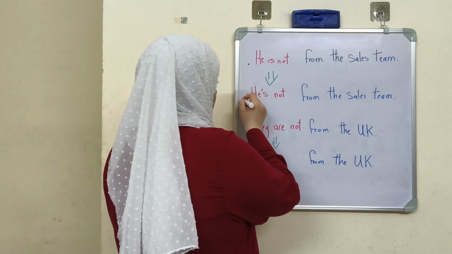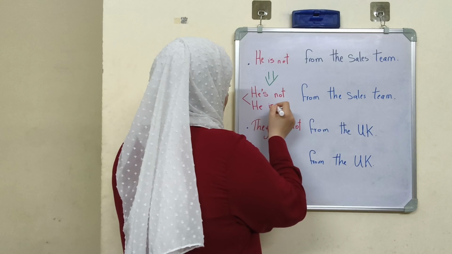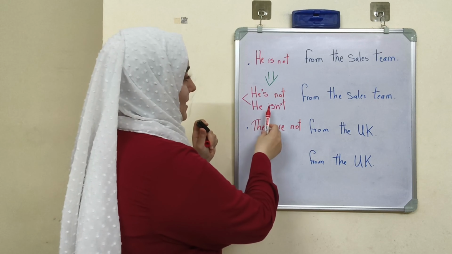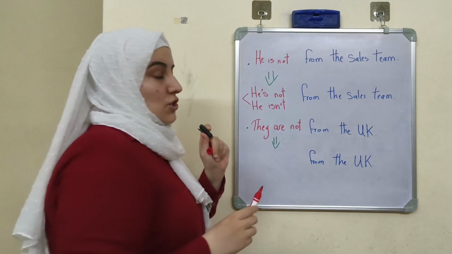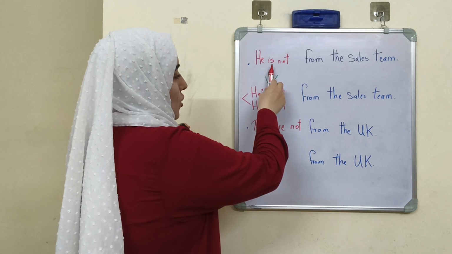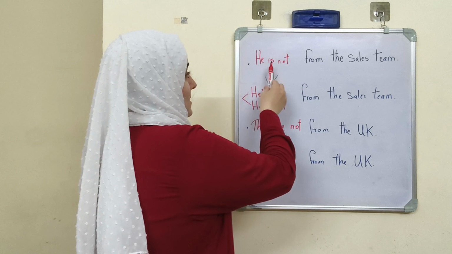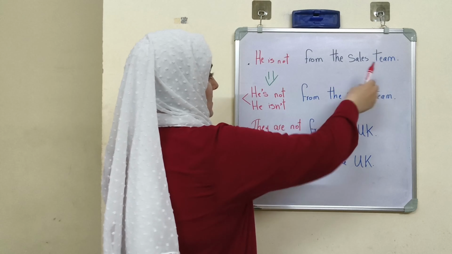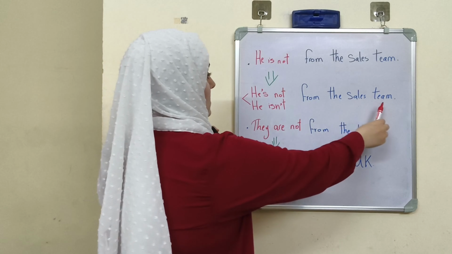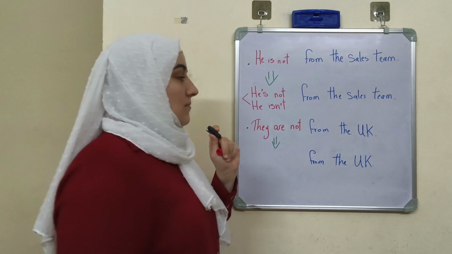Or he isn't. We contracted the is with the not. So you can either contract he and is, or is and not. He's not from the sales team. He isn't from the sales team.